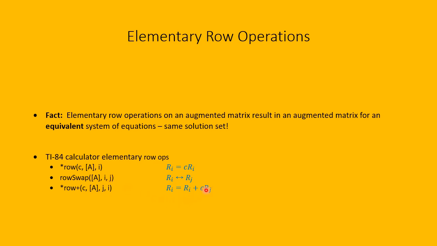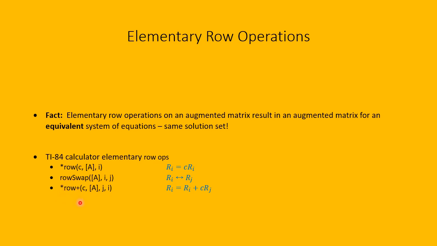Suppose we want to do this third elementary row operation. Row i is going to equal the old row i plus a constant times the old row j. The built-in function in the TI-84 that does that is *row+.